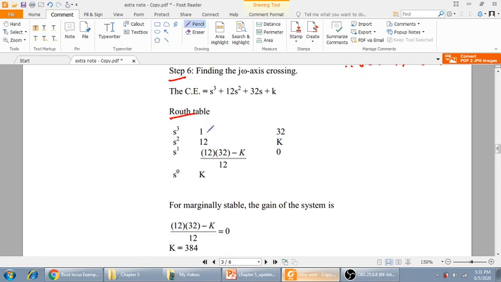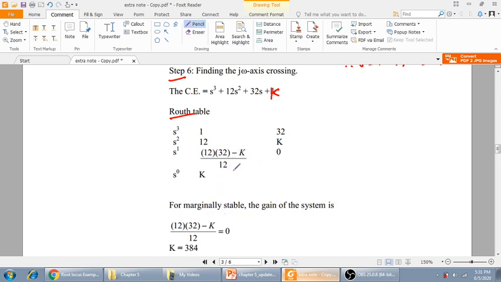Then you create the Routh table. The coefficients are s cubed 1, s squared 12, and s is 32, then after that K. This K is actually the capital K, the gain, which is why it's sometimes confusing. Then you know how to calculate all the positions.